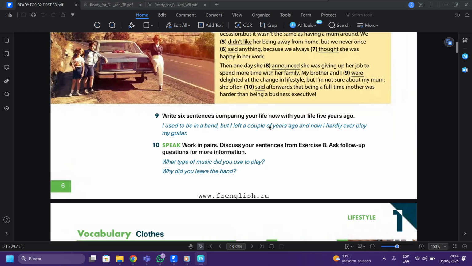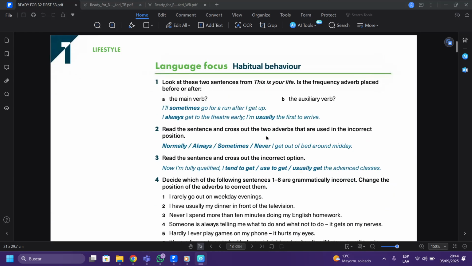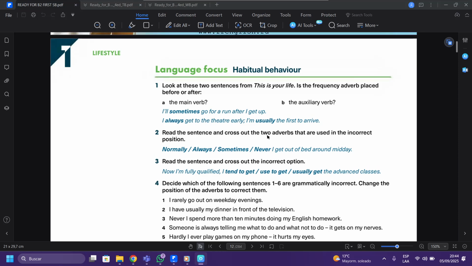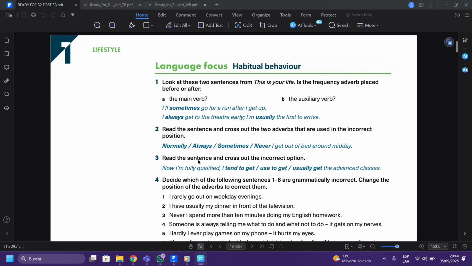Number 6 from the student's book. Habitual behavior? Yes, of course.